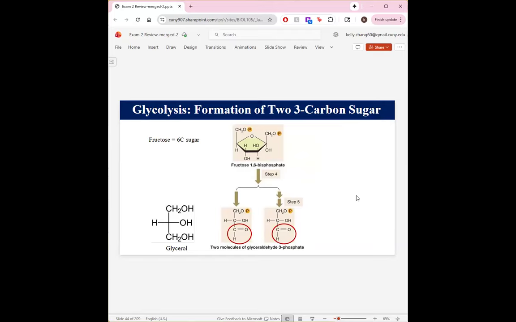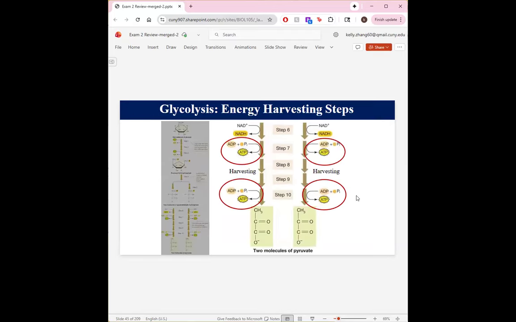Then G3P gets used and ADP combines with a phosphate to form ATP. As NAD plus takes in a hydrogen, it becomes NADH. So up here, as you can see, that G3P turns into pyruvate molecules.